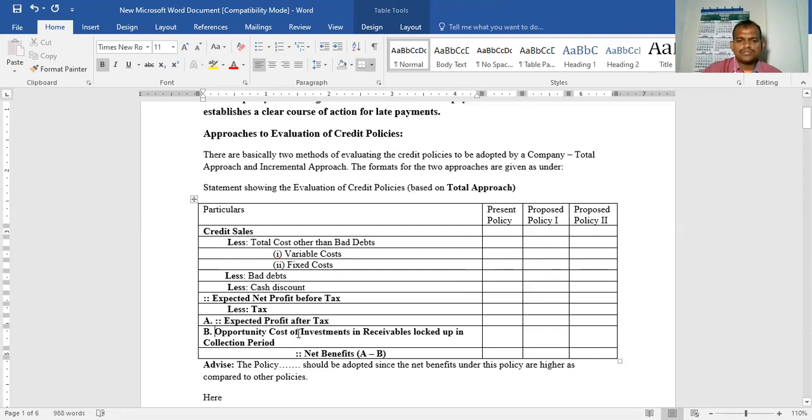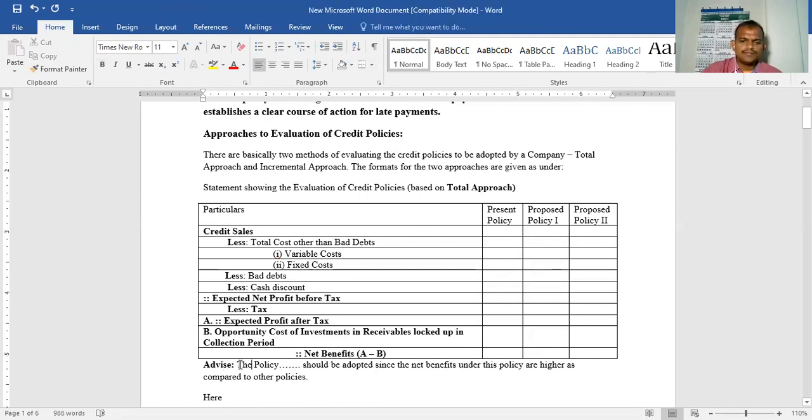Now, opportunity cost of investment in receivables locked up in collection period. So opportunity cost, the required return on additional investment made in the receivables. So after deducting the opportunity cost, we'll get the net benefit.